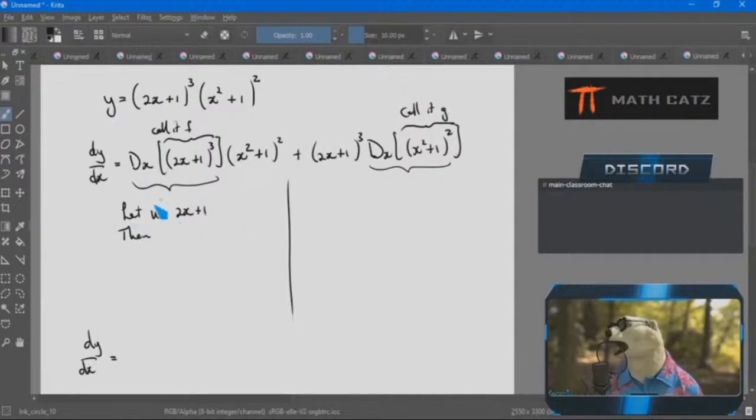I can't call them y. Y is this original function. So f is then u cubed. And so my derivative of f, maybe I'll write the little d notation consistently, is, by the chain rule, df du, du dx.